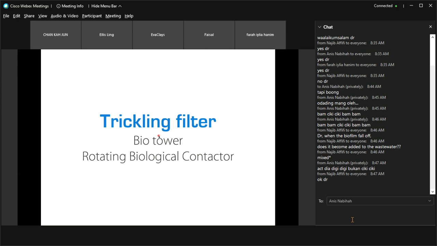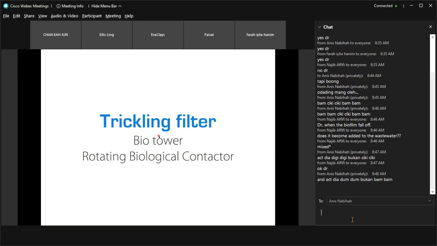It started in the late 19th century, 1880 something. It was first established in England, and then later on became popular in other parts of the world, and it was more developed later on, and now some of it is also being used in Malaysia.